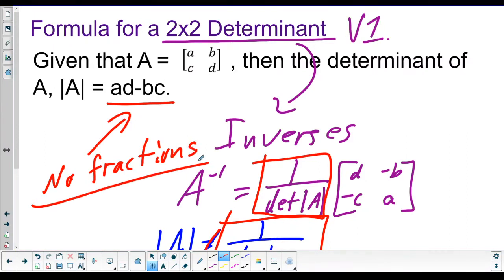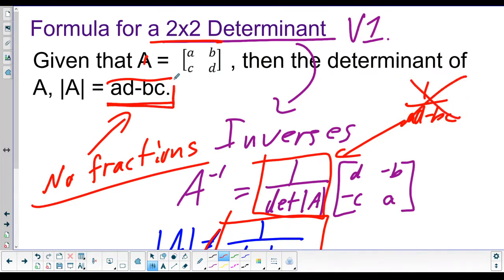So we're going to go back and do the actual determinant of 2x2s, which is just AD minus BC. There's no fraction. There's no 1 over. That was a mistake because you do 1 over AD minus BC for the inverse. This is not the determinant, though. This is the determinant. So my bad.